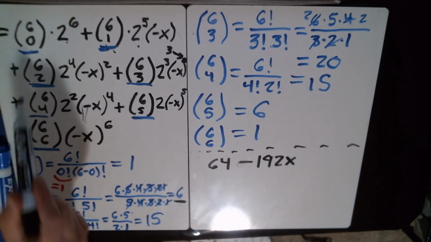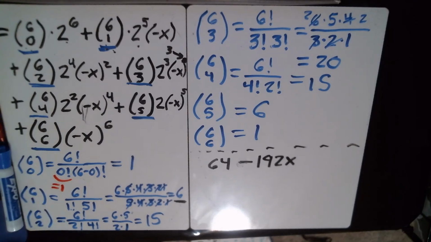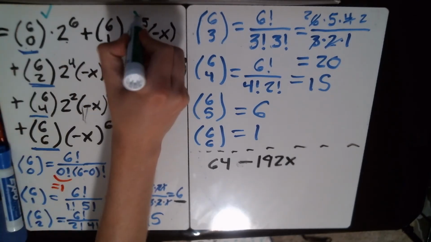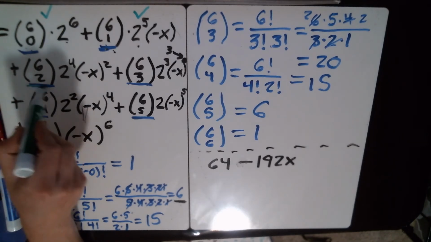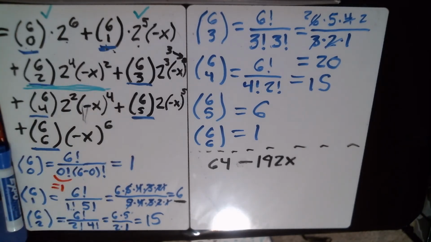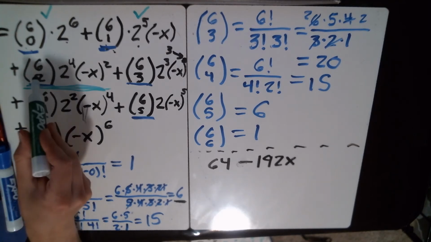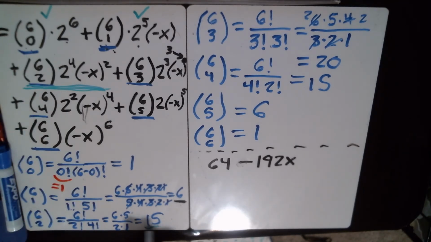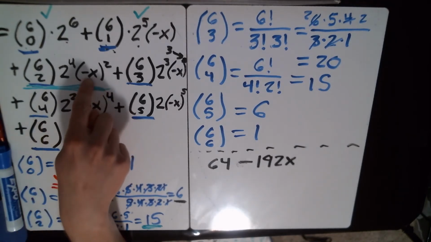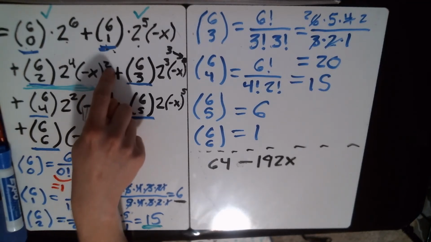Now we look at our next term. So this one is taken care of, and now we're looking at this one. I'm doing 6 choose 2, which we figured out was 15. 15 times 2 to the 4th, we'll throw that in the calculator, is 240, and then we're timesing it by negative x squared.